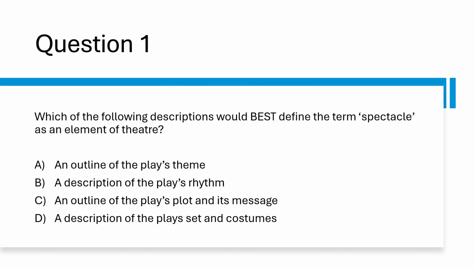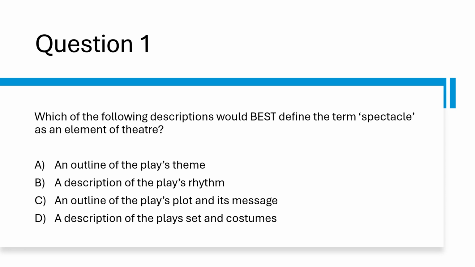Alright, so question 1. Which of the following descriptions would best define the term spectacle as an element of theatre? And notice the word of emphasis there, would best define the term spectacle. If we know what spectacle means, then that will help us narrow down our response.